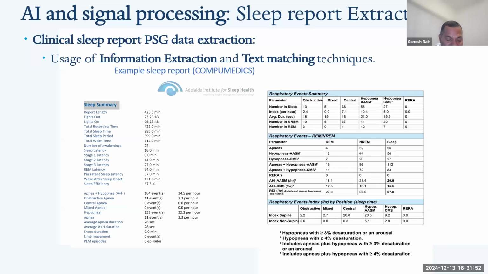But that sleep report is okay if you want to just extract a vital parameter. For example, as you can see in this figure, it creates a report of around 400 plus parameters. But if the doctors are interested only in heart rate related parameters or respiratory related parameters, then they have to go through the entire sleep report and note them down.